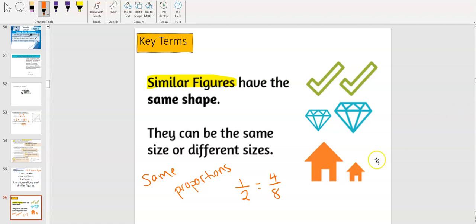So if this side of the house is 4 and this side of the house is 1, then this side of the house might be 8 and this side of the house might be 2, right? So everything is in proportion and they're all going to have the same ratio, which is that scale factor. Okay, so similar figures have been dilated, basically. They have the same proportions, they have the same scale factor.